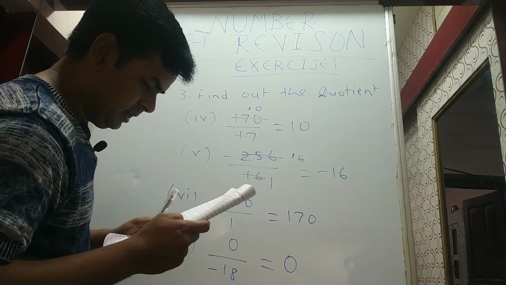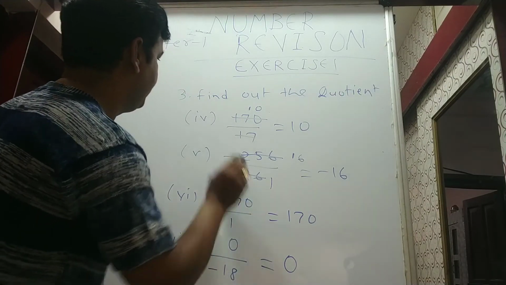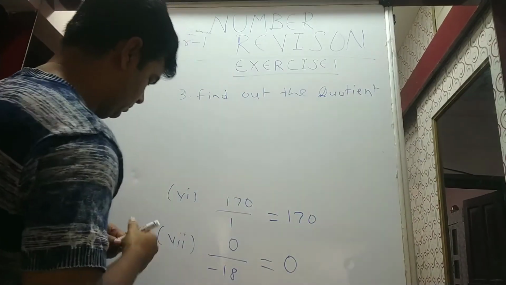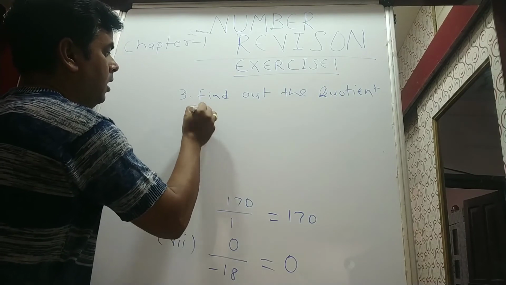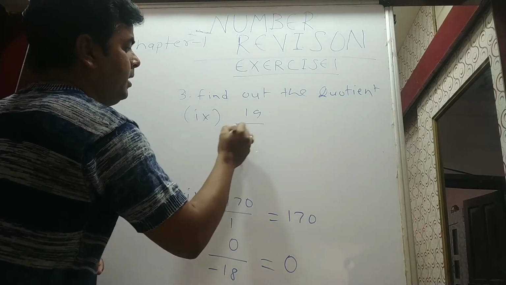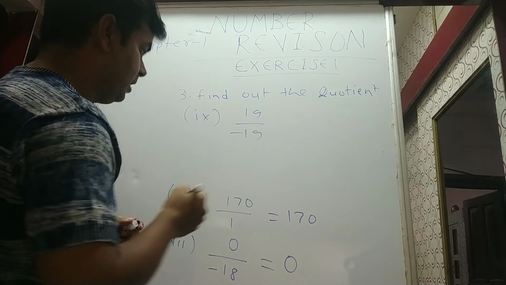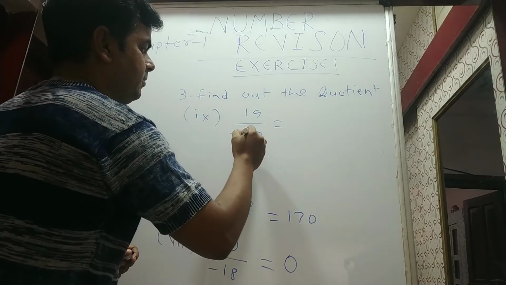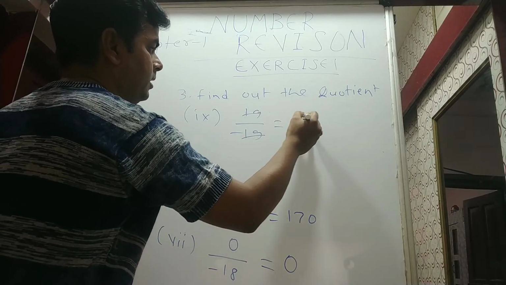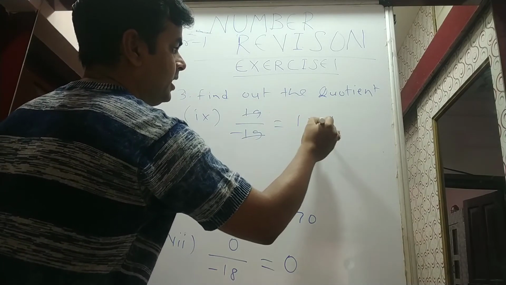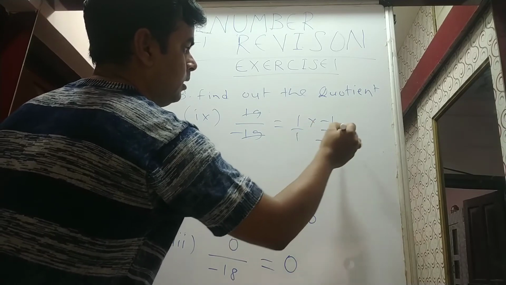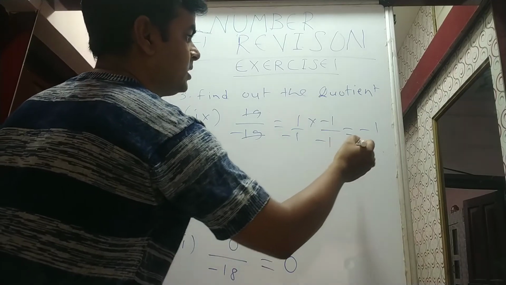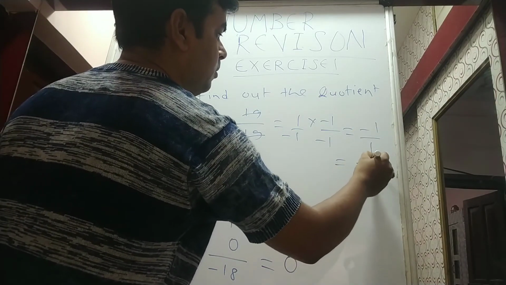Next question is 19 divided by minus 19. As I already told you, if there is one plus and one minus, forget about the sign, just divide the numbers. What do you get? 1, multiplied with minus 1 on both sides. This will be minus 1 upon 1, so minus 1 only.